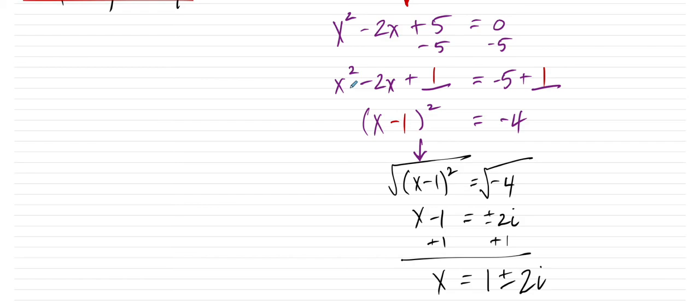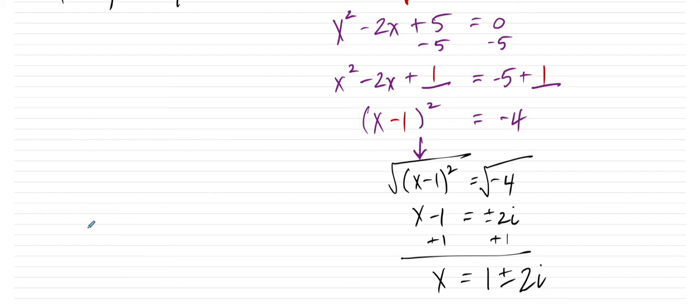The first method only works when there's just a single variable like x squared, because we took the square root right away. If the letter is in one spot, you can do style 1. If the letter's in more than one spot, you have to do completing the square. Okay, that's a good question.